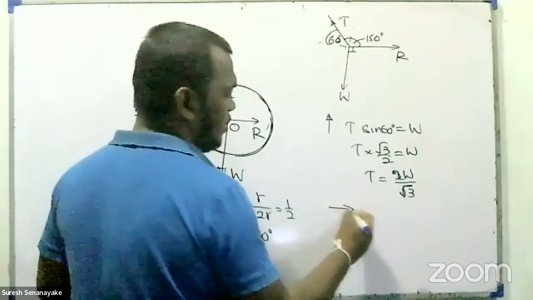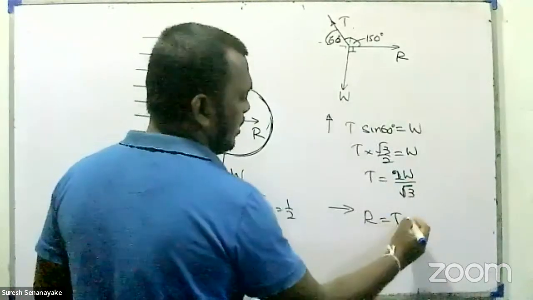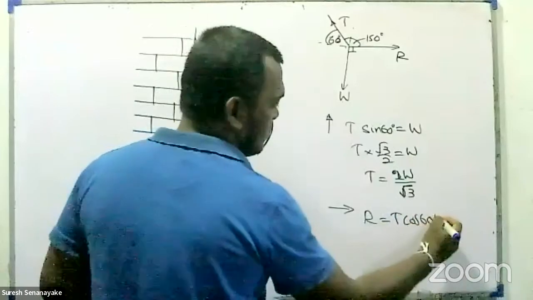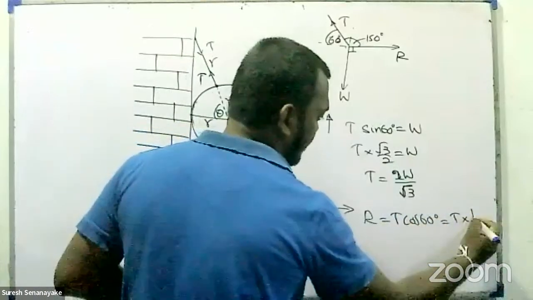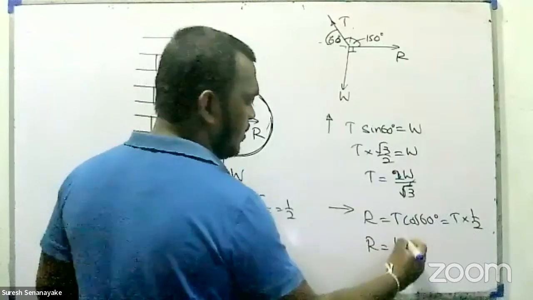And then for the horizontal force you can balance, R should equal T cos 60. The cos 60 is half, so half of the tension gives R equals W over root 3.